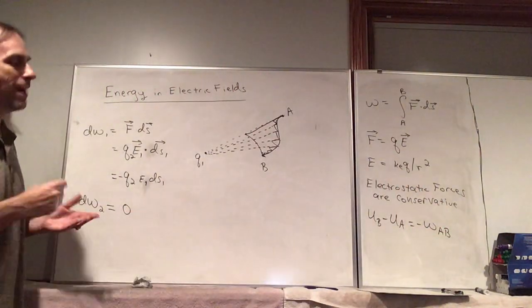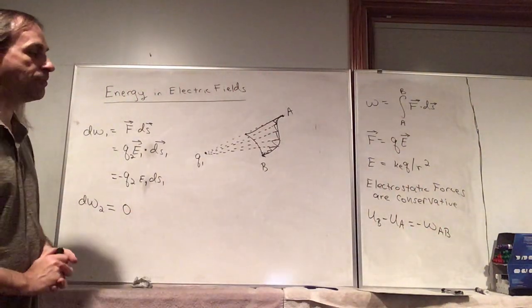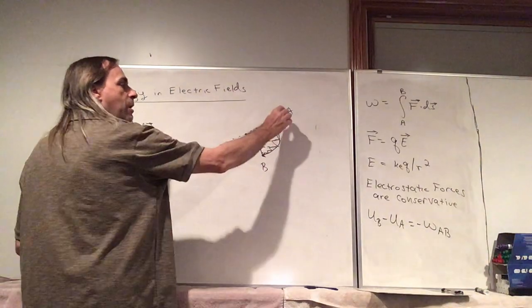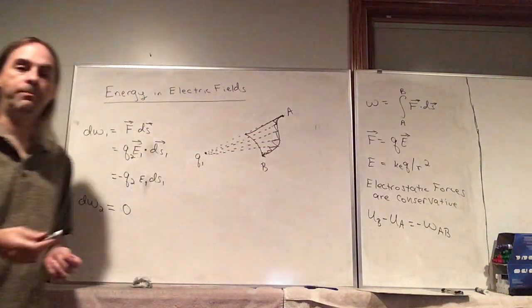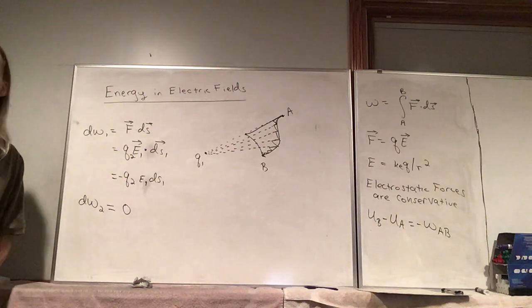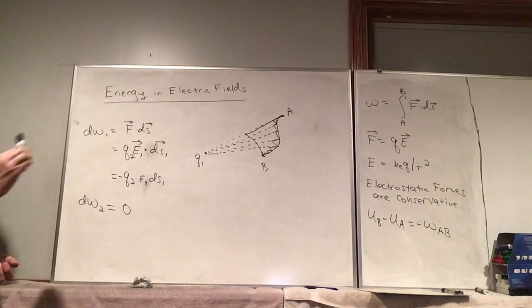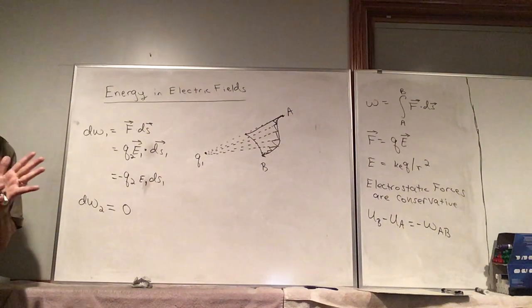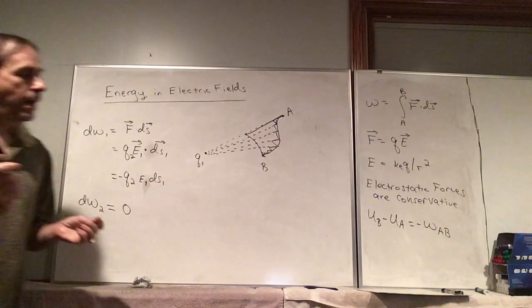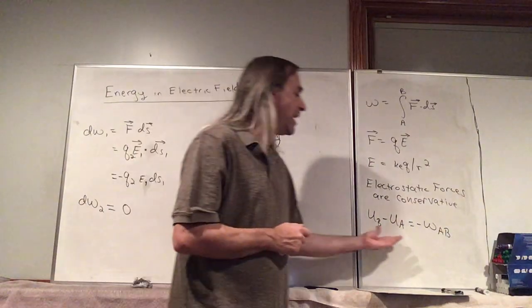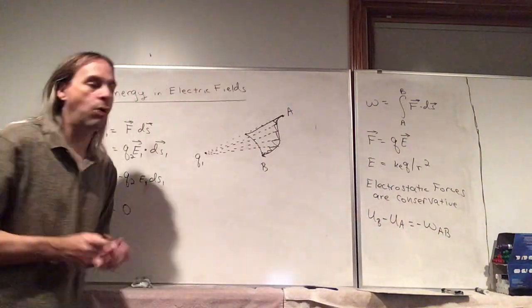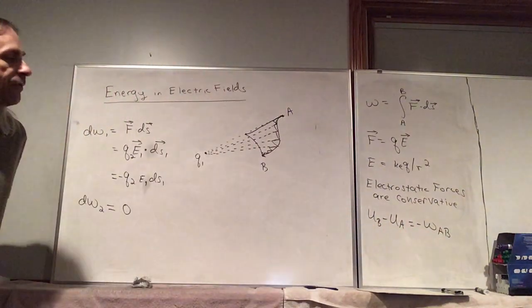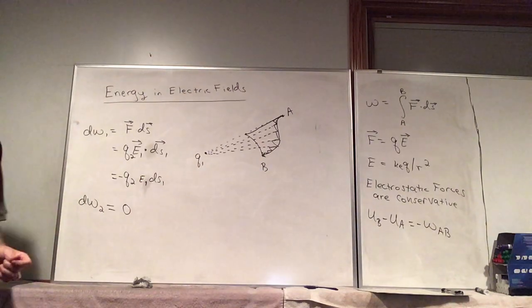So UB minus UA, that's the change in potential energy. We start at point A, we end up at point B, so the change in potential energy is UB minus UA, and that's equal to minus the work done. And hopefully you can see why this definition is only possible if the force is conservative.